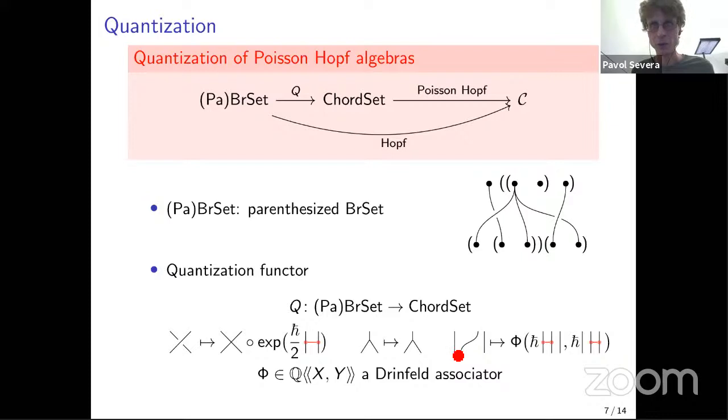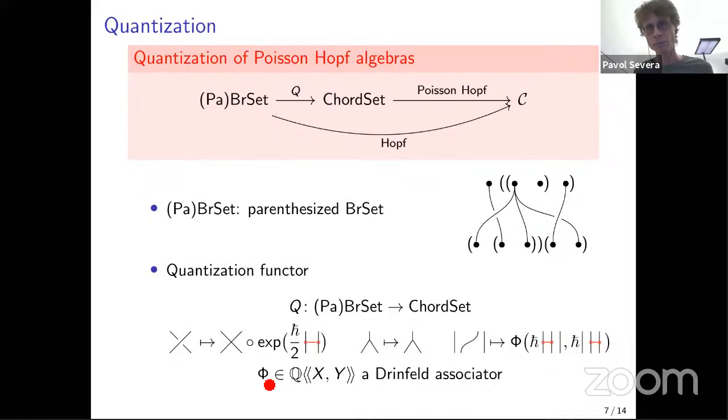What happens if you change the parenthesization? If you take the morphism of the same kind, but where these two dots are parenthesized, then this has to be sent to a Drinfeld associator, where you put for the variables the chord on the first two things and the chord on the second two things.